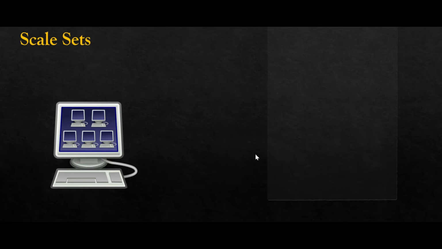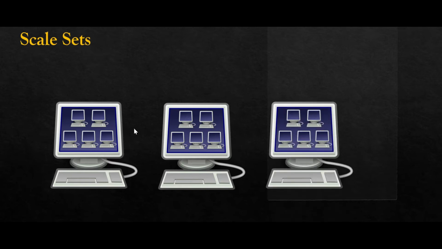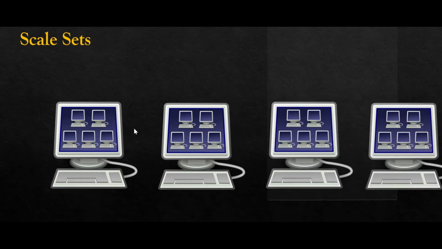First is it provides you elasticity. Suppose the workload on this VM increases, so what happens is you can spawn multiple VMs. If you can spawn one more, and if you think that these two are not sufficient and the load is increasing, you can spawn 2 more. So this is what the scale set does. It does this scale out dynamically.